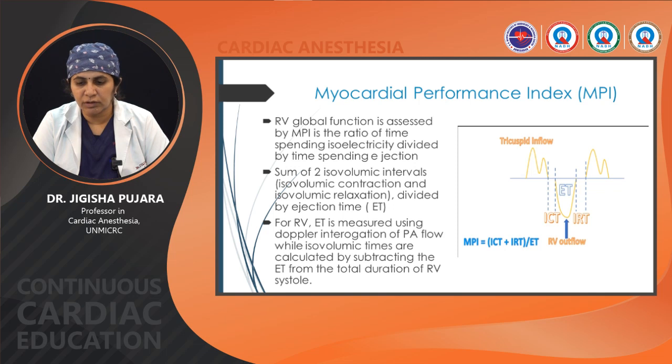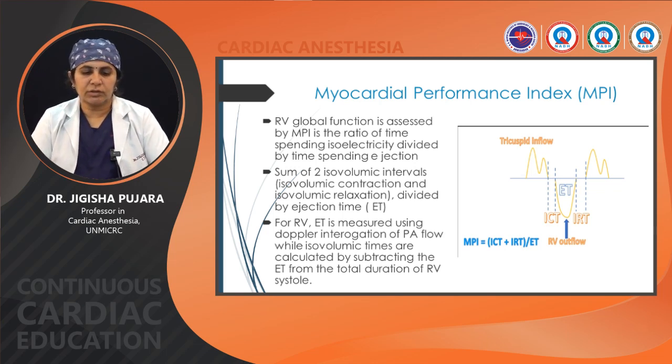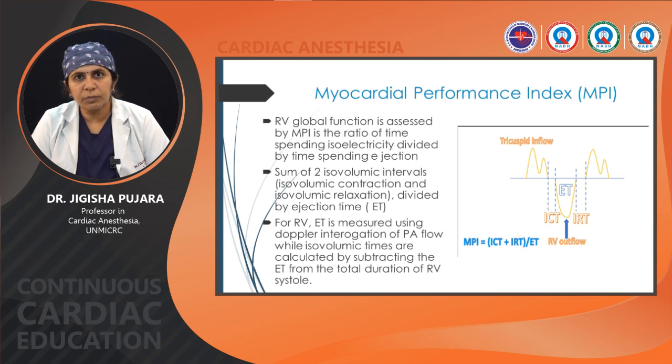Here you can see ICT and IRT, and this is the ejection phase ET. For RV, ejection time is measured using the Doppler interrogation of the pulmonary artery flow, while isovolumic time is calculated by subtracting the ET from the total duration of the RV systole.